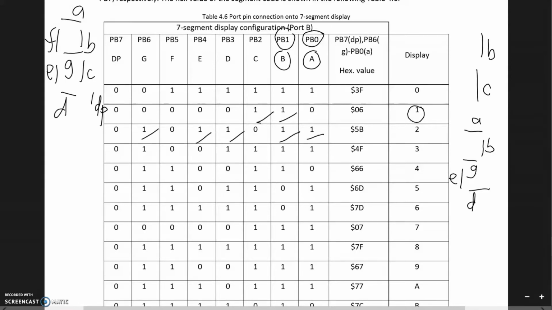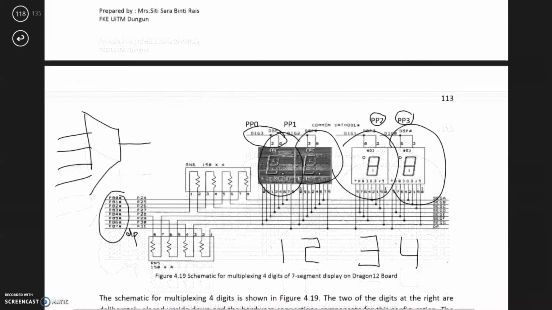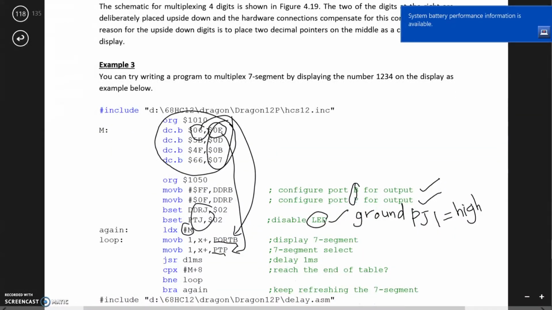So the numbers we give to port B must be 06, 5B, 4F and 66, because they represent the numbers that we want to display on the 7-segment. And how do we get these numbers? Why 0E, 0D, 0B and 07?